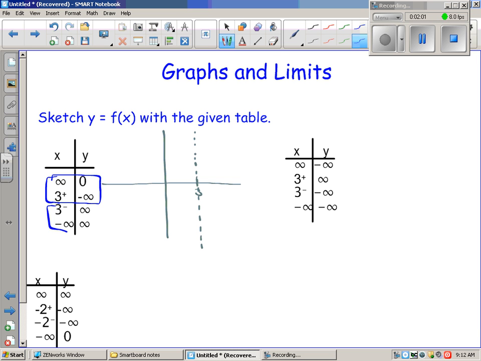I'm just going to start with this little section here. Just to the right of 3, it says negative infinity. If I'm talking about y equaling negative infinity, that's saying the y's are going down, right? Negative infinity would be down. So for 3 plus, just to the right, I'm going to draw an arrow down.